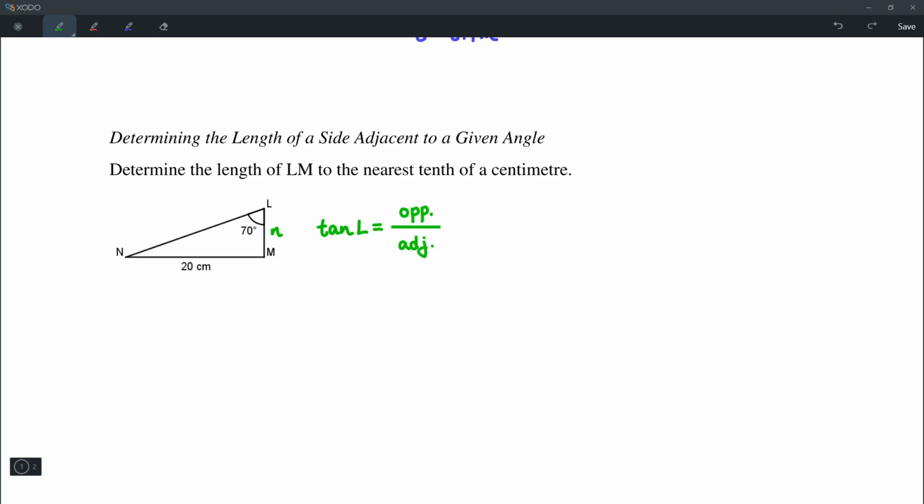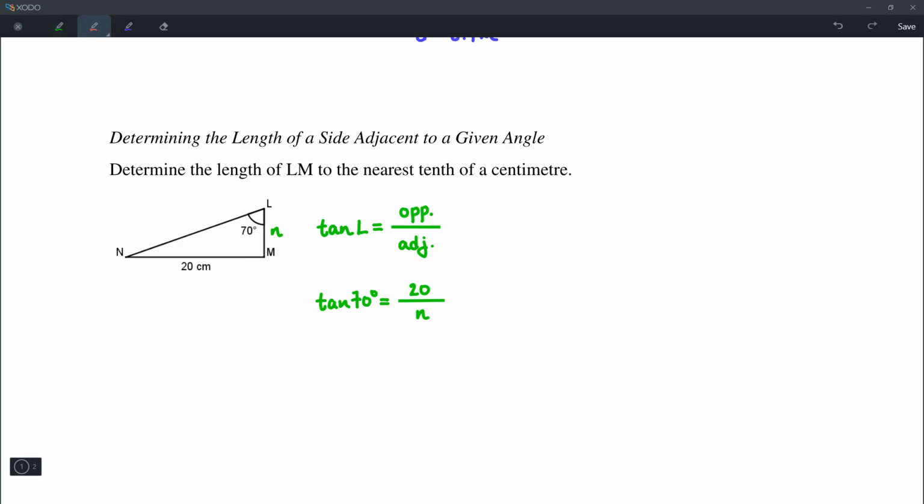We can then substitute the values that we know. So angle L is 70 degrees. The opposite side is 20 centimeters long. And the adjacent side is unknown. It is n.